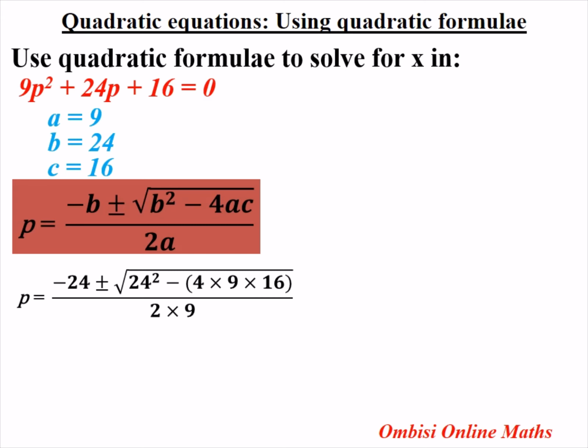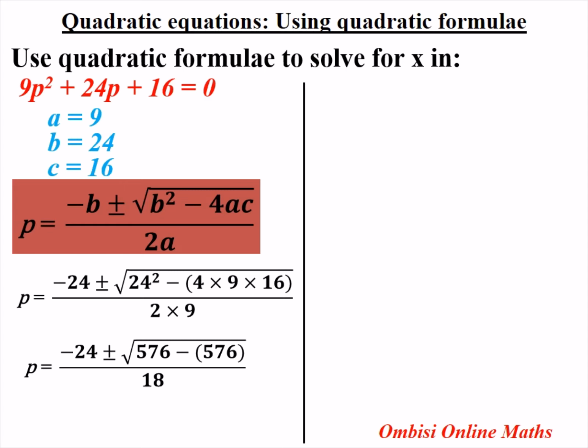We go ahead and simplify, and you get p equals negative 24 plus or minus the square root of 0, because 576 minus 576 gives us 0, divided by 18.